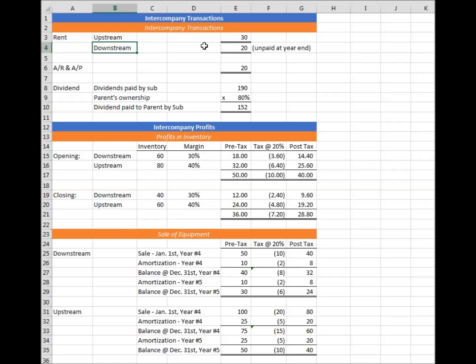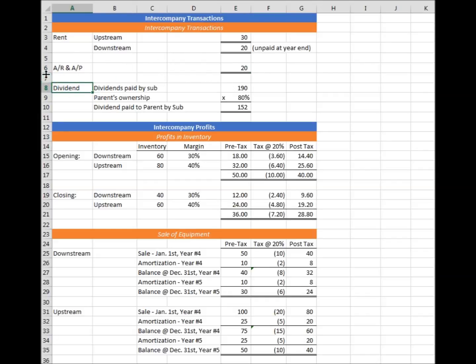And the parent has clearly not paid yet, as indicated right here. This is provided to us in the problem, but it's just nice to write down so that we don't forget it. And related to this, that'll create an accounts receivable and accounts payable on consolidation that we have to take out. So I like to record that just so I don't forget about it.